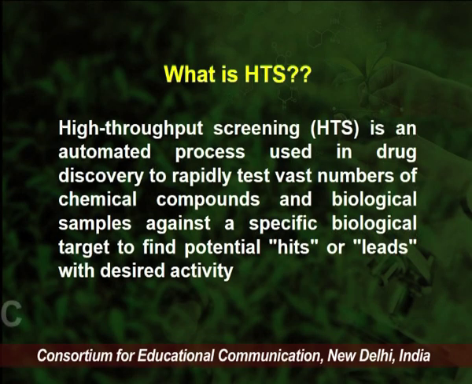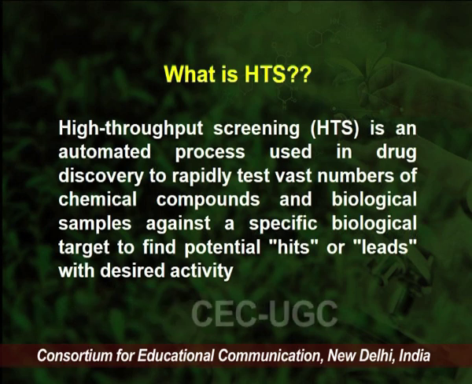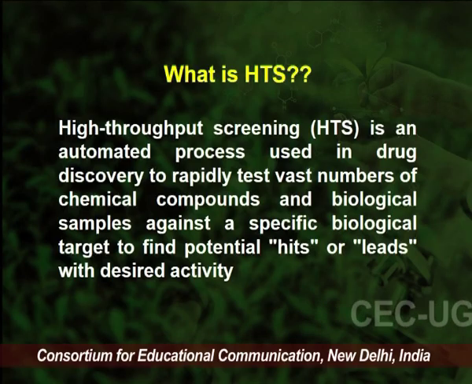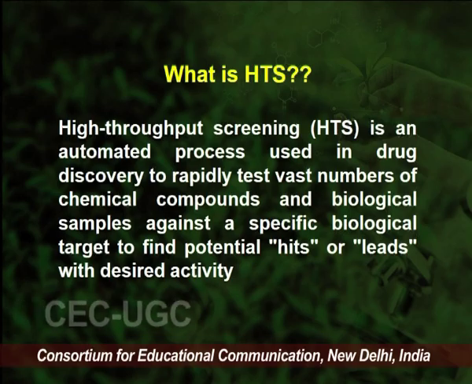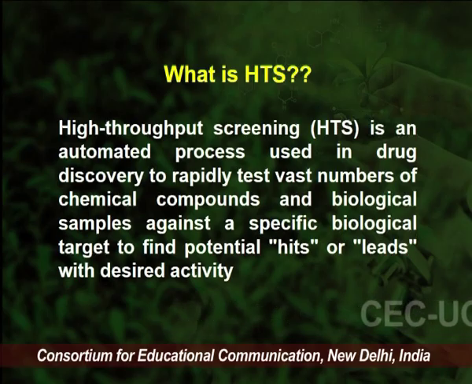So coming on to what is high throughput screening or HTS. HTS is an automated process that is used to screen a vast number of compounds for their efficacy against a specific target, or in general to test their efficacy against a specific activity, by using automated processes and assays, which eventually leads us to hits or leads.